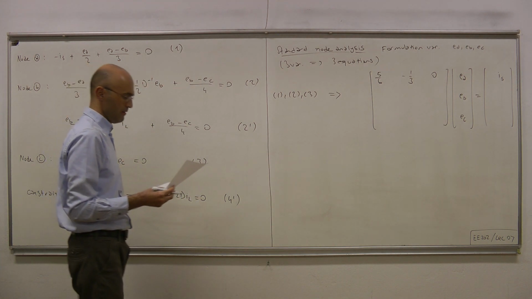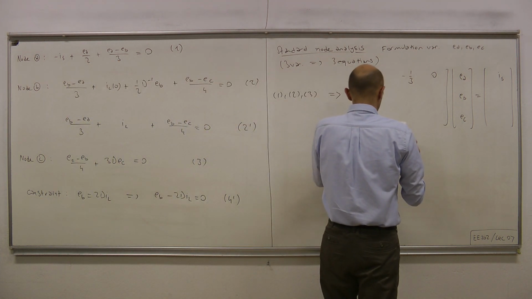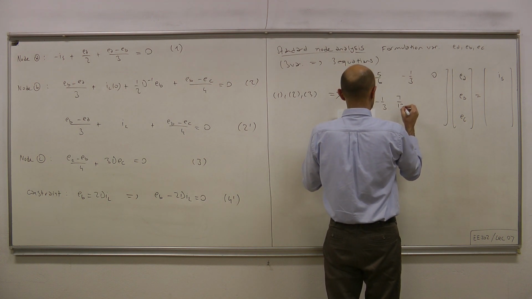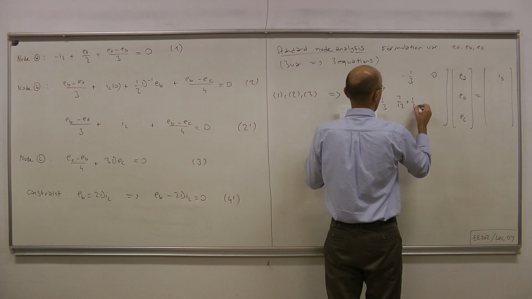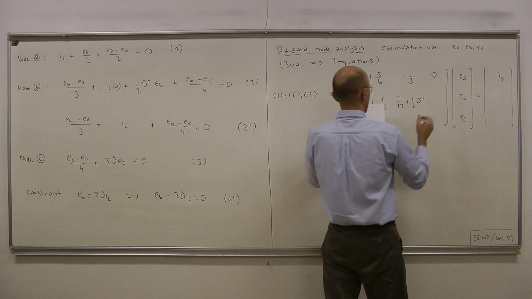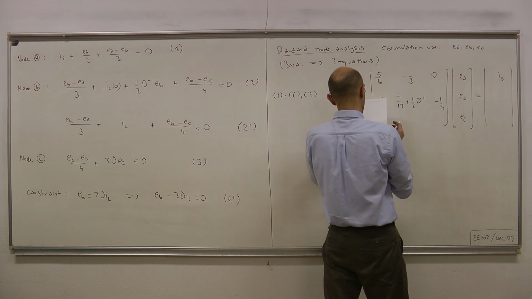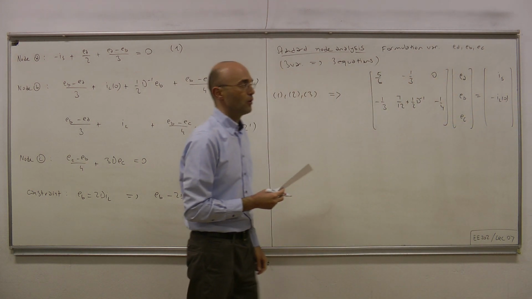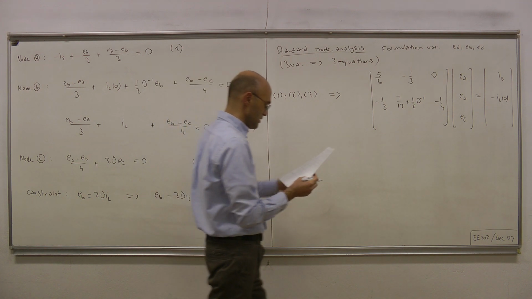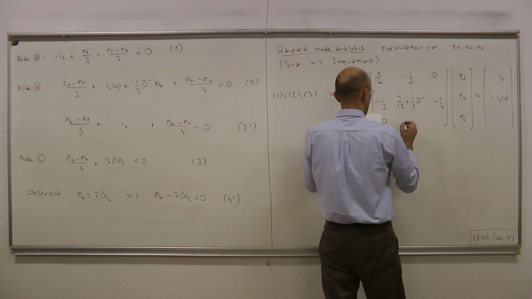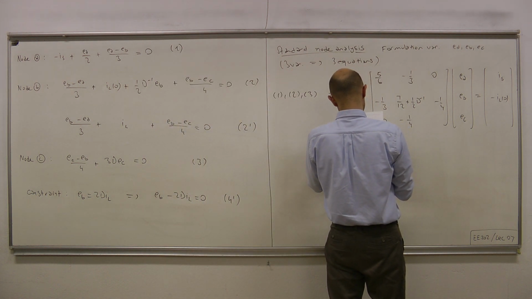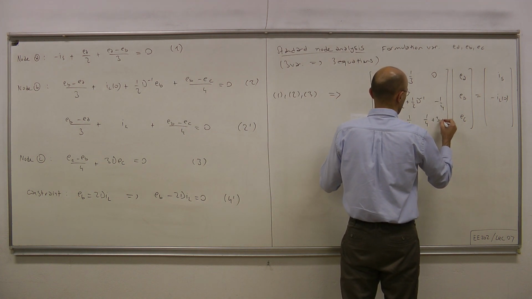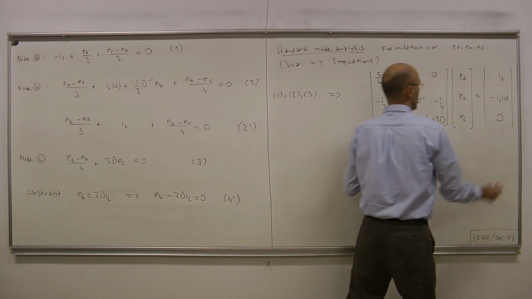Let me quickly fill in the remaining rows. We have minus 1/3. Here we have 7/12 plus 1/2 integral. And here we have minus 1/4. And we have the initial condition here on the right hand side. And the third equation gives us 0 minus 1/4 and then 1/4 plus 3D, and the right hand side is 0.